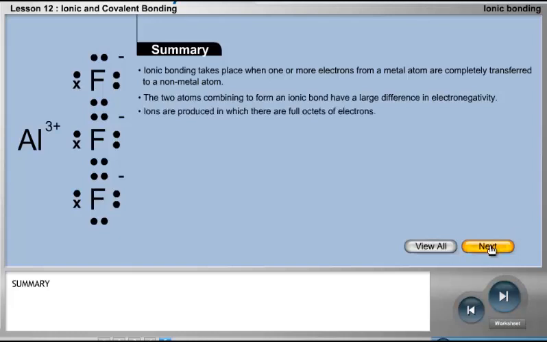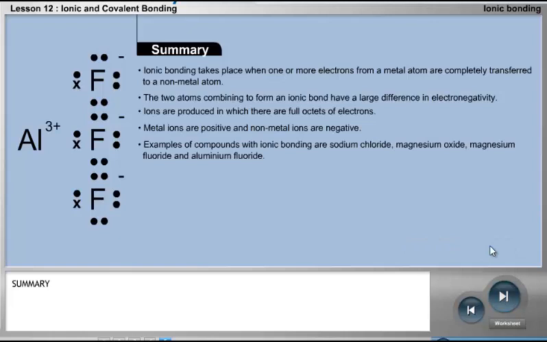Ions are produced in which there are full octets of electrons. Metal ions are positive and non-metal ions are negative. Examples of compounds with ionic bonding are sodium chloride, magnesium oxide, magnesium fluoride, and aluminium fluoride.